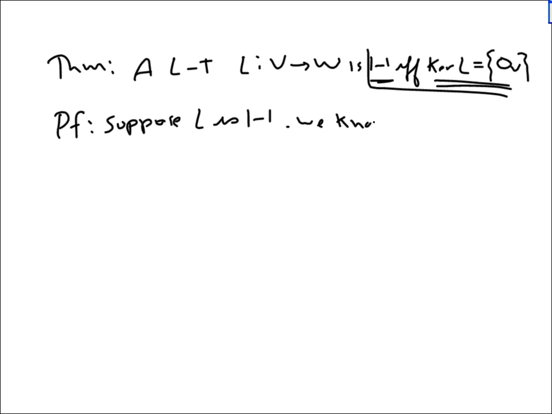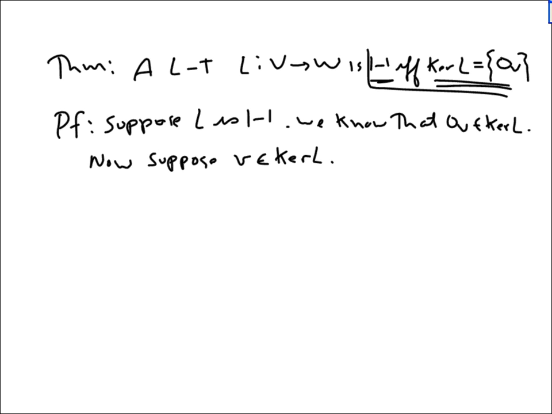We know that the 0 vector is in the kernel of L. Now suppose V is also in the kernel of L. And this is where it all comes together, since L is 1 to 1. Then L of the 0 vector is equal to L of V, because they're both in the kernel and they both equal the 0 vector in W.